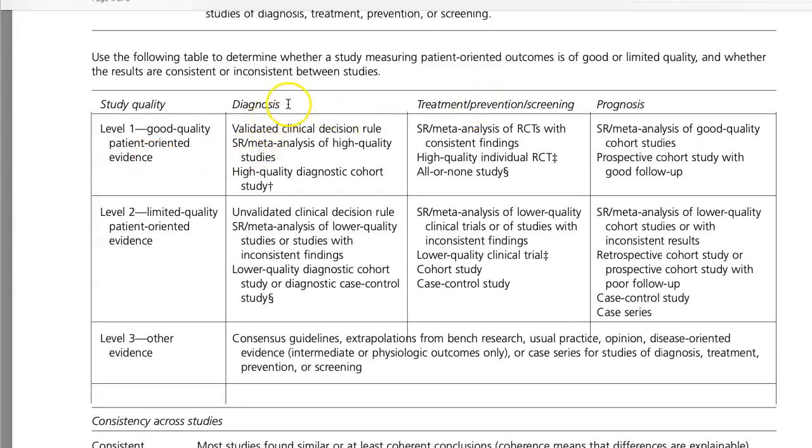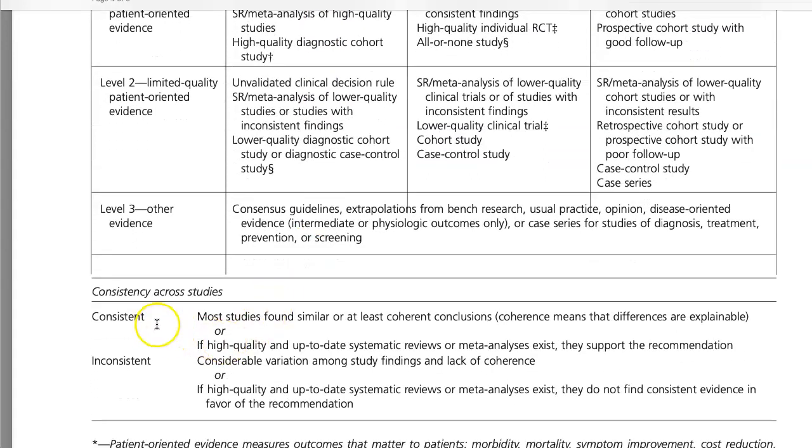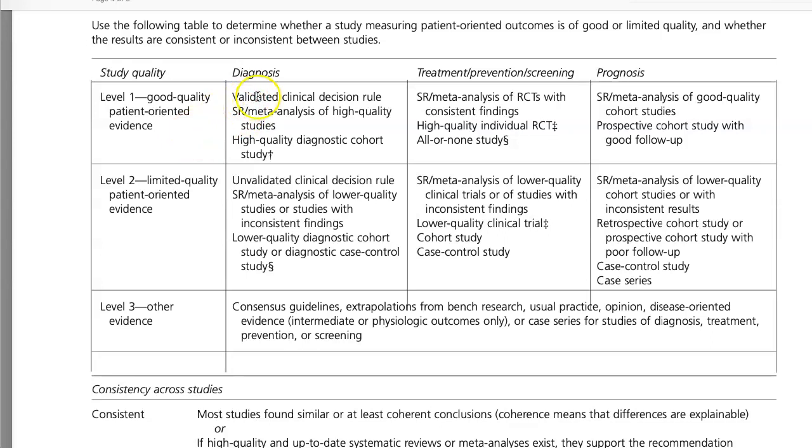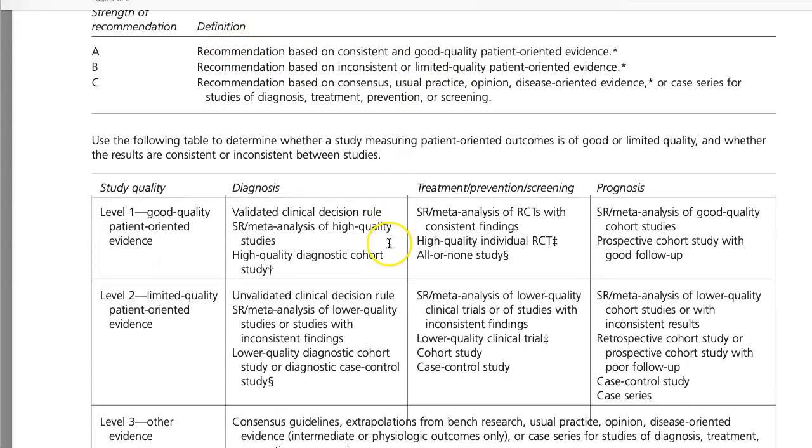We have the difference of diagnosis, treatment, prevention, screening, and prognosis. So, consistent. Do we have consistent information across all our studies? So that would be an A.